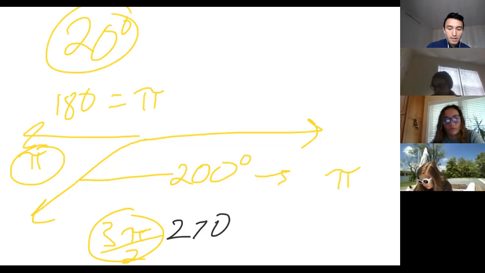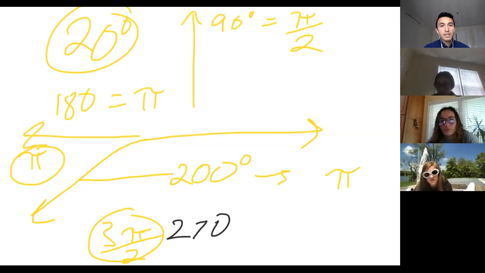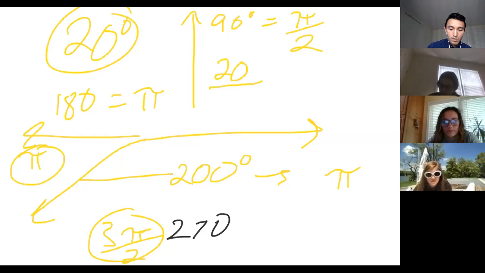We know that 90 degrees is pi over 2. So you just use ratios. If I have 20 degrees, I say 20 degrees over 180.